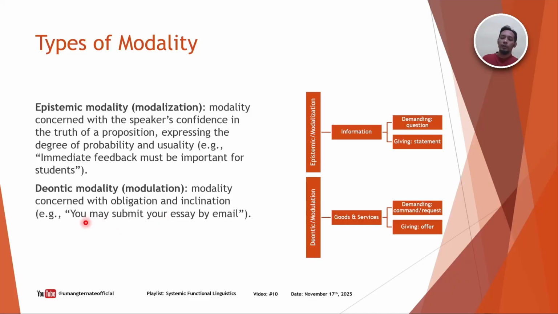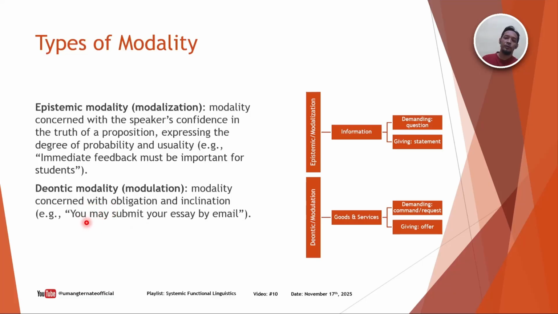Then this clause gives permission to students to submit his or her essay by using the most convenient means for him or her, and that modal meaning is realized through the use of the modal finite may here.